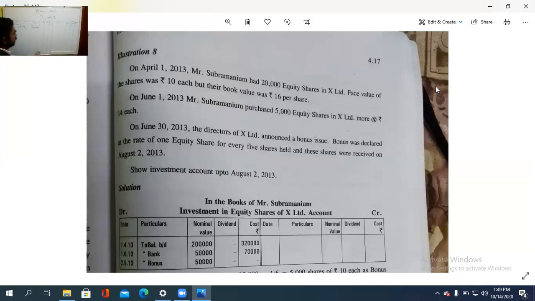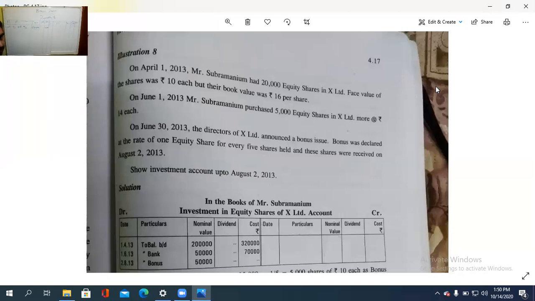Then on the nominal value column, on which date is 1/4/13, 20 lakh. Okay. Then principal value, how much is there? Book value is 16. So it is 32 lakh.